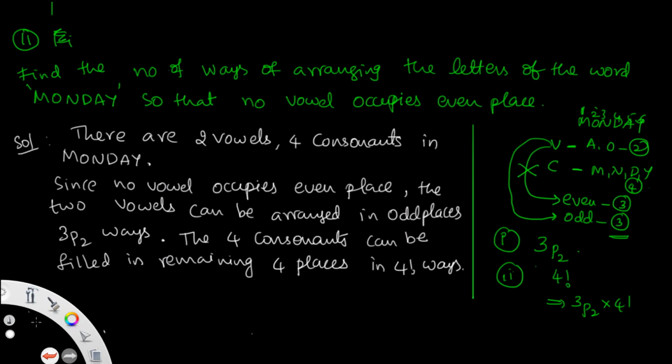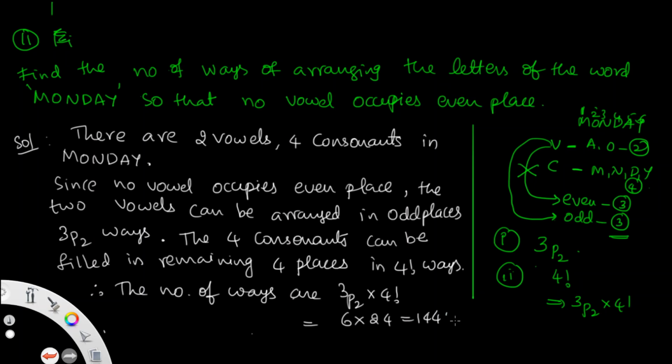Therefore, the number of ways is 3P2 into 4 factorial, that is 6 into 24, which is 144 ways.